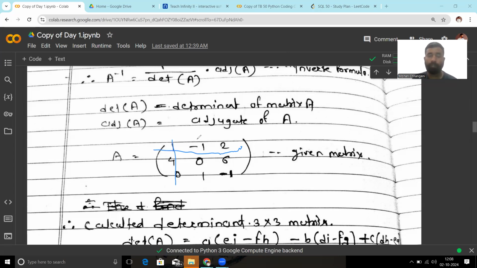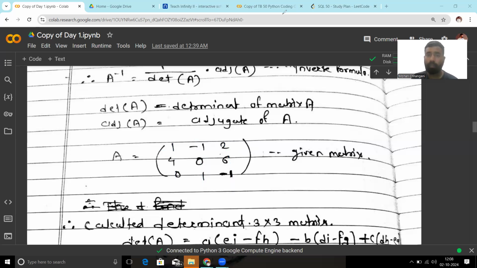Then we skip the first row and second column, so we get 4, 6, 1, 0. Then the first row and third column, so we get 4, 0, 0, 1. This is the cofactor of the matrix, and we find it for each of them.